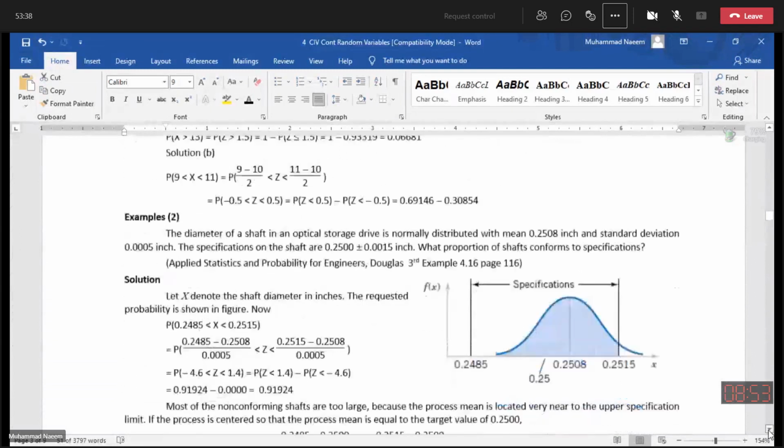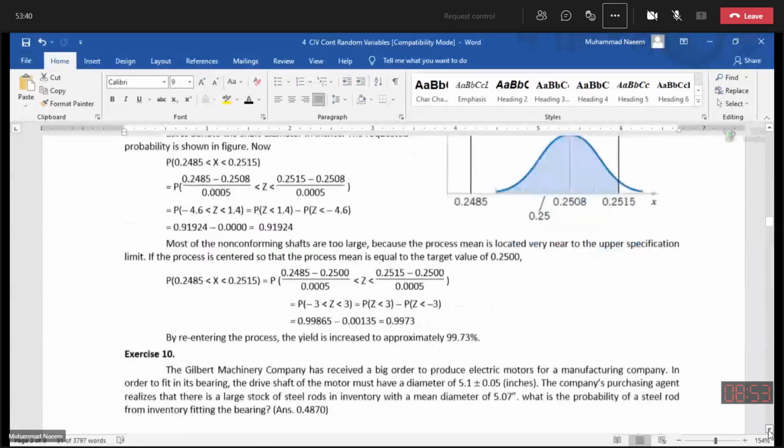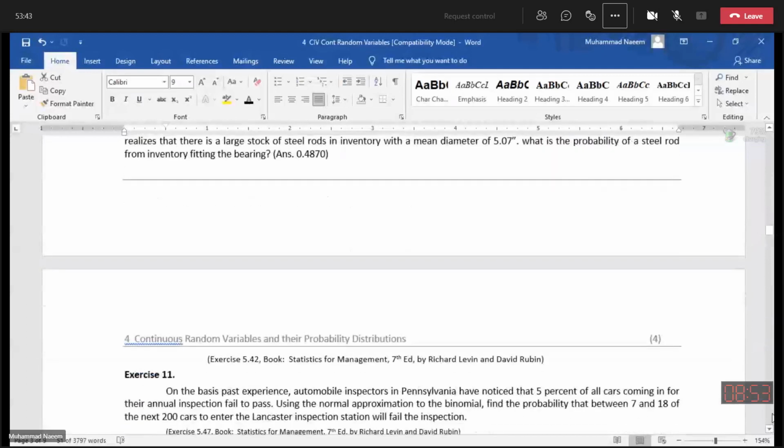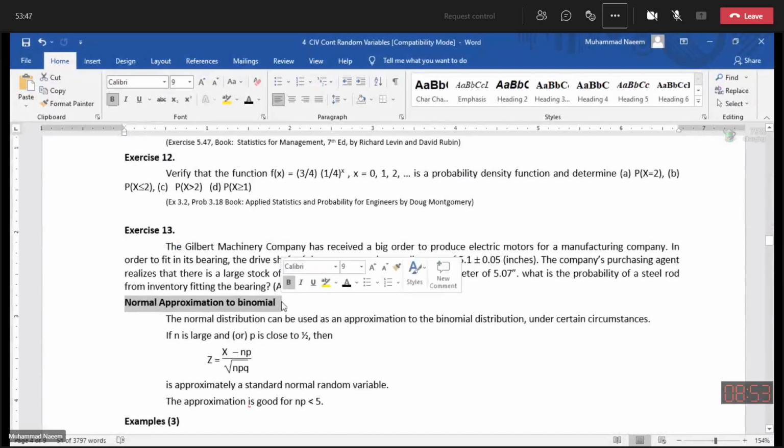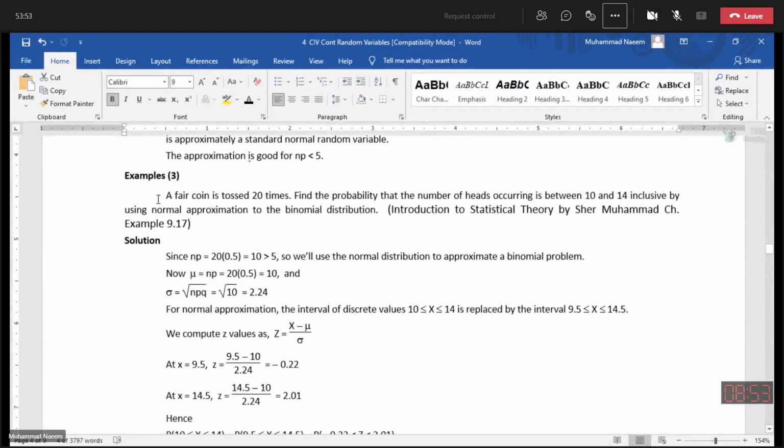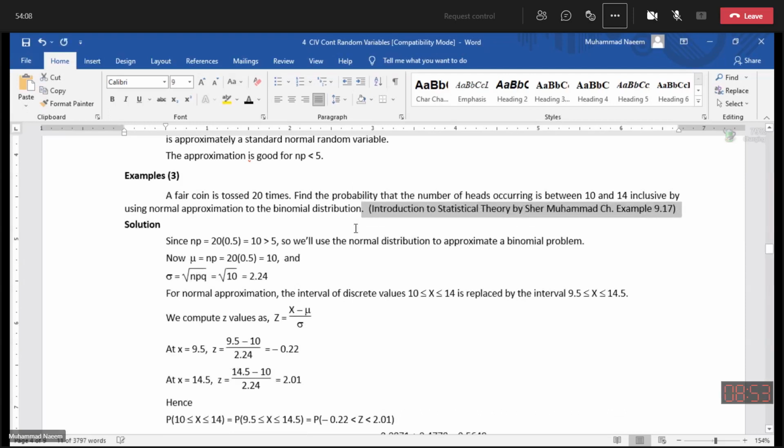But next distribution is one more thing I need to discuss, that is normal approximation to binomial. When we think of a problem just like binomial distribution, due to large calculation, we approximate this problem with the help of normal distribution.